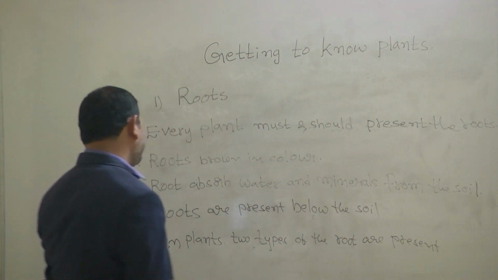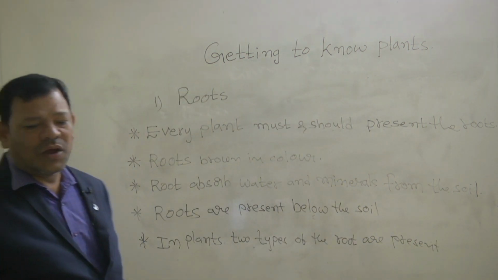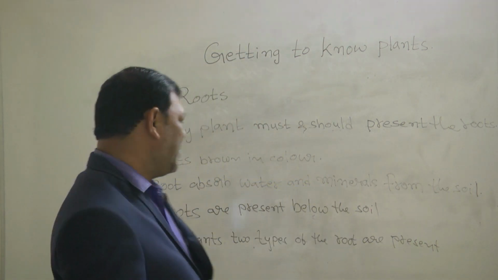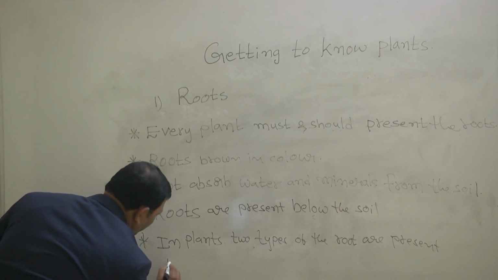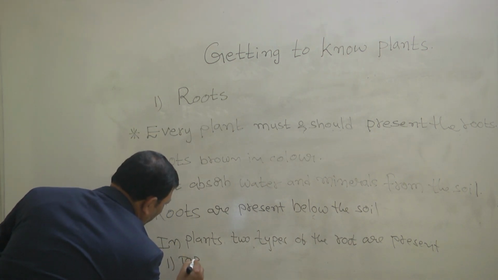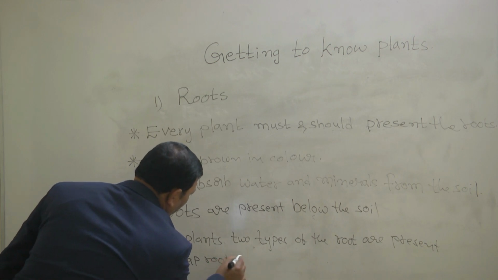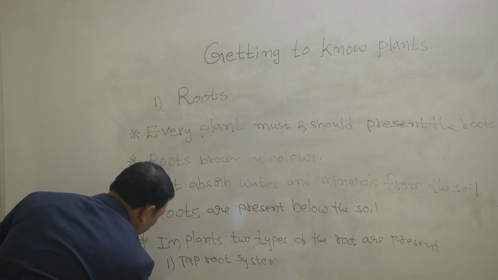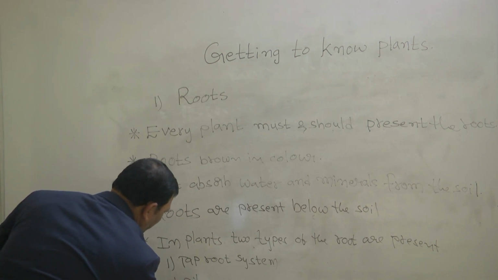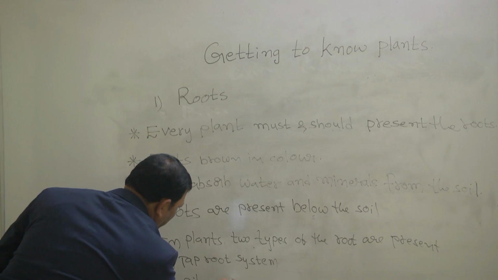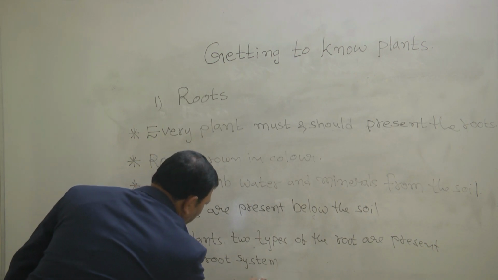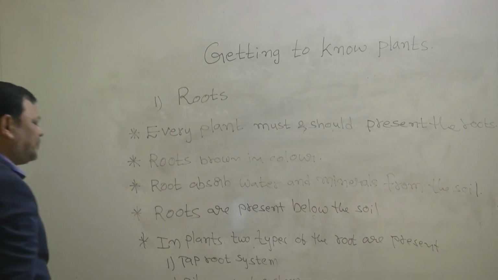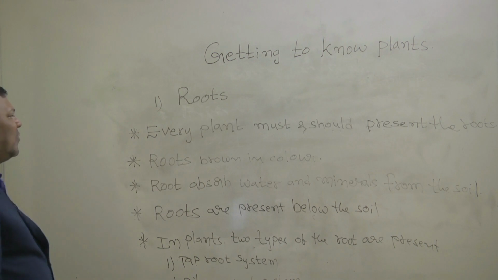One is the tap root system. Second one is the fibrous root system. Listen carefully.